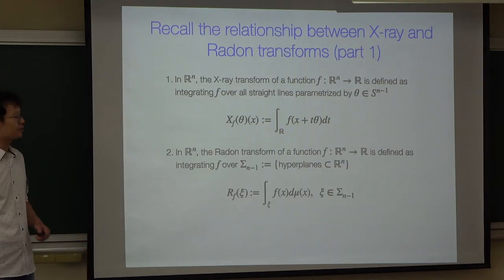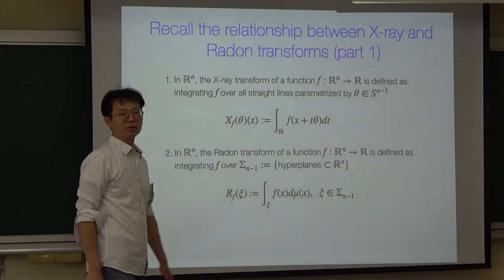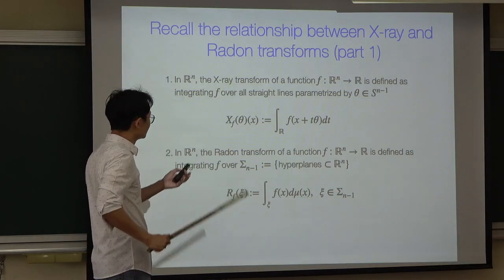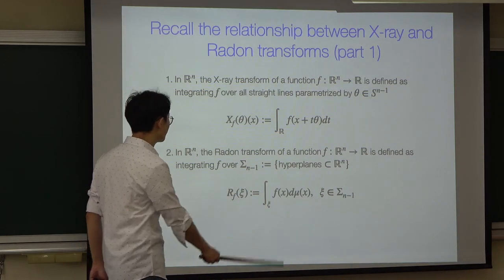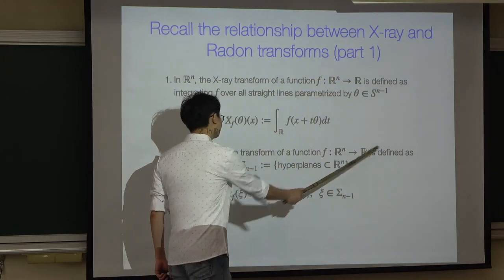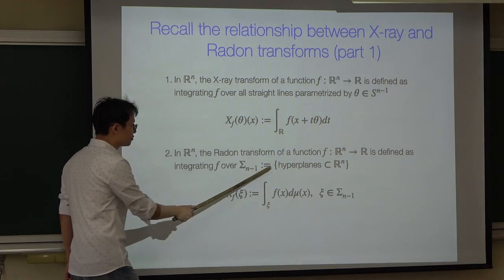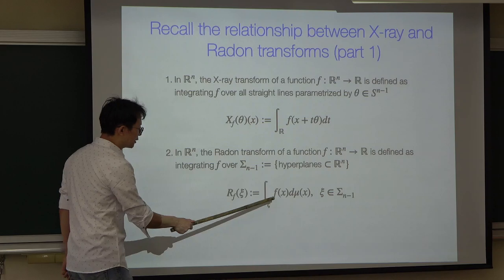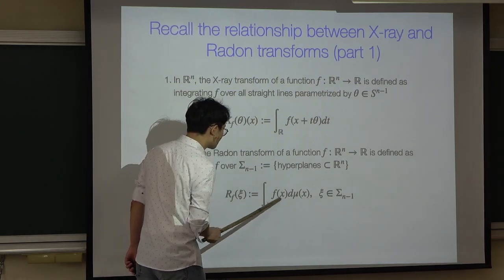Easy to understand. In Rn, the Radon transform you can view as a dual of the X-ray transform. That is, it is defined as integrating f over the set of all hyperplanes. And this is the definition. Because C is a hyperplane, and you just do integration.